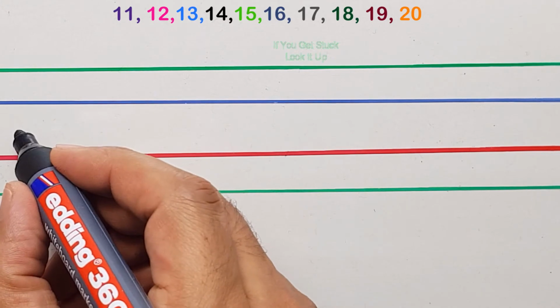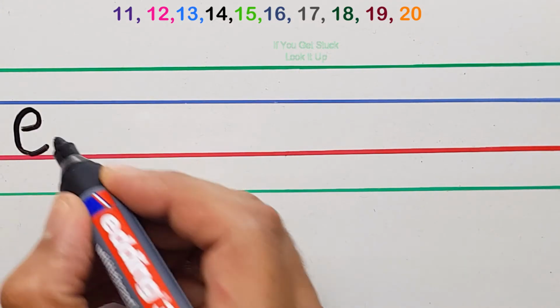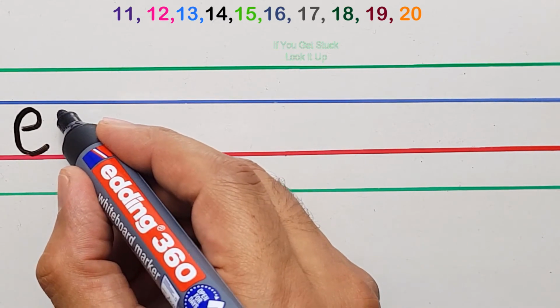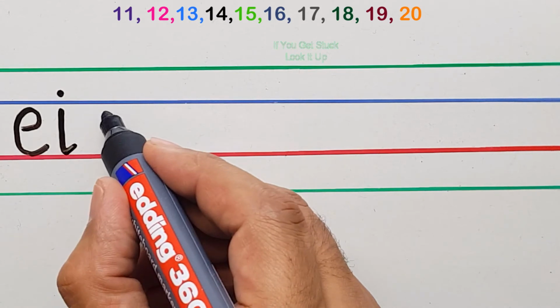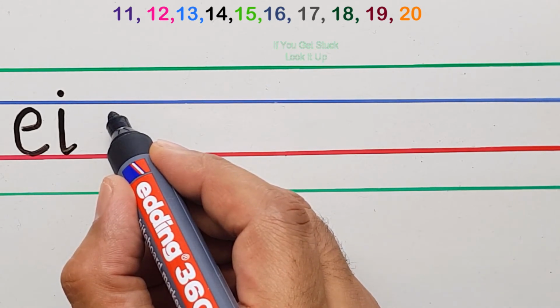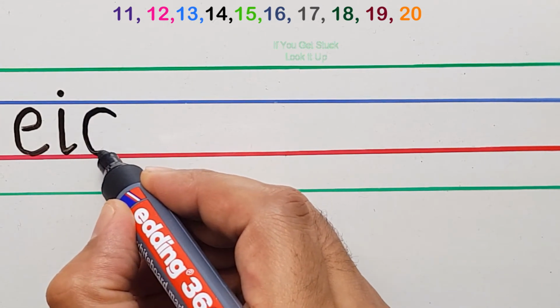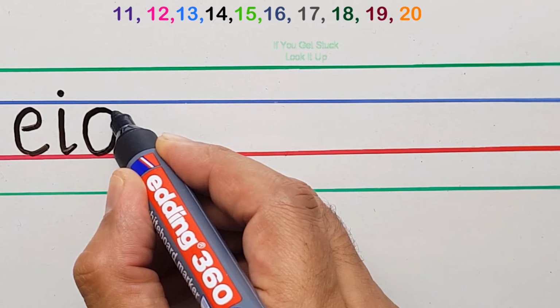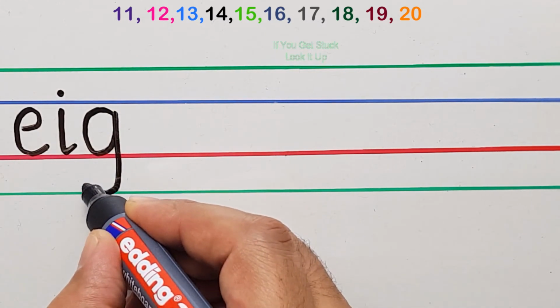Now you have 18, so it's E, I, G. Now with G you can write it as an A, so start as you're writing an A. And then you have to go down below the bass line.